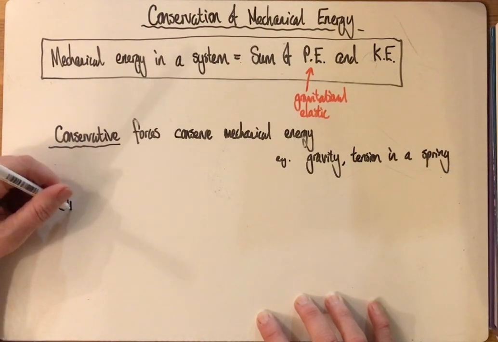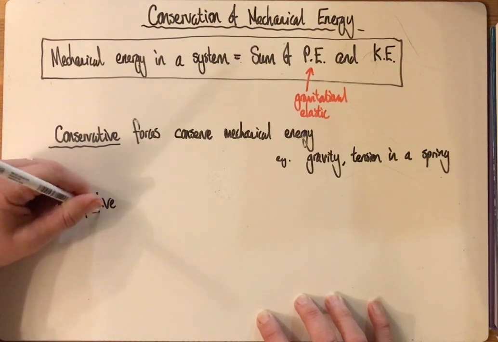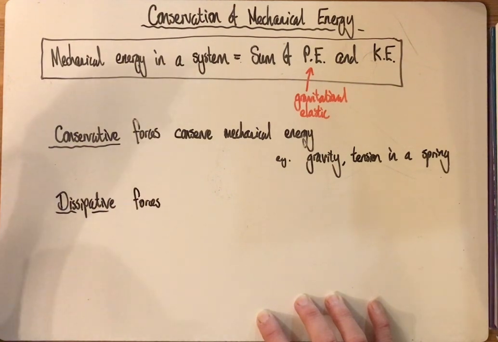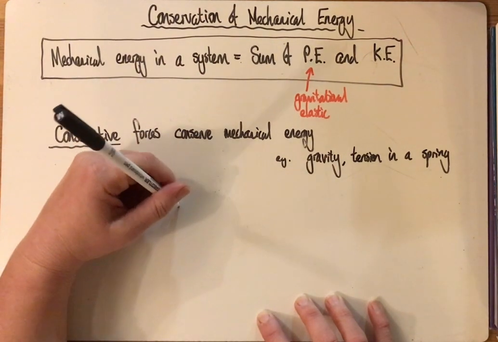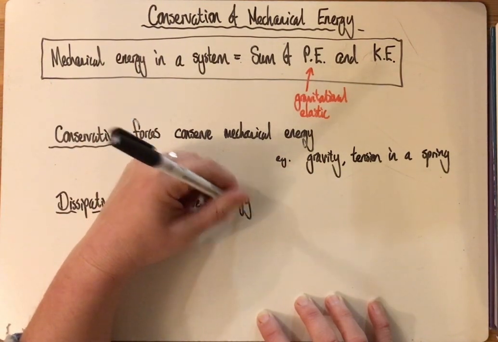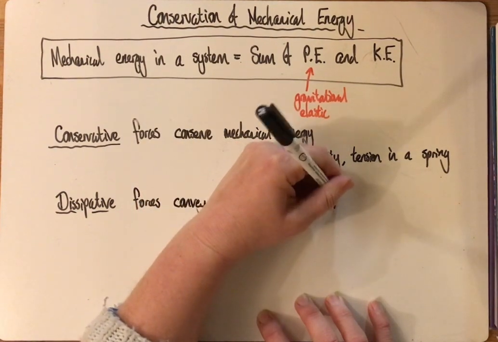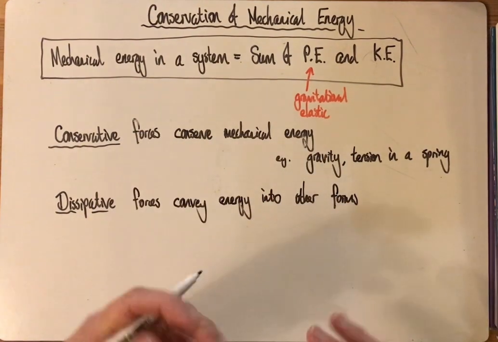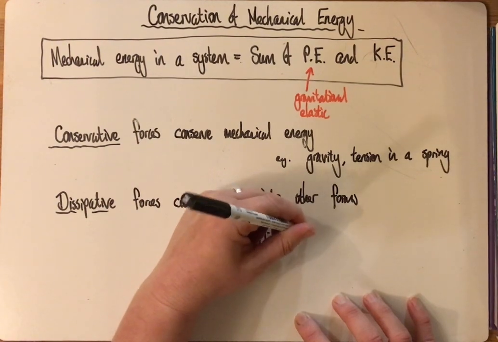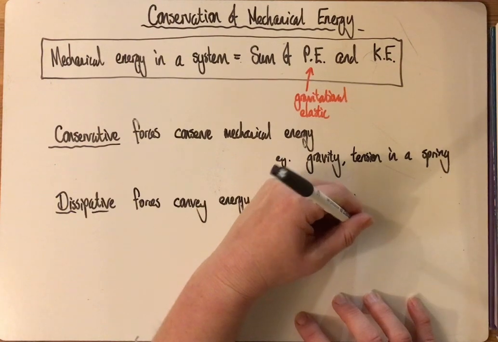Dissipative forces convert energy into other forms. So they take energy out of the system. So an example of that would be friction. And we lose energy to heat and sound.